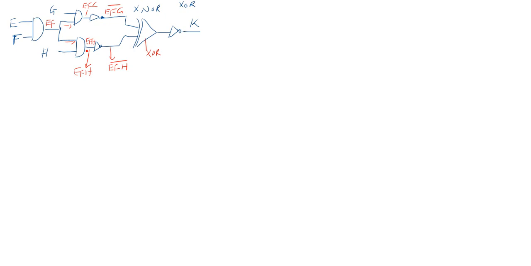So we take the two inside an XOR gate, and what we get at this point is EFH negated, then we represent the XOR operation like that, XOR EFG.